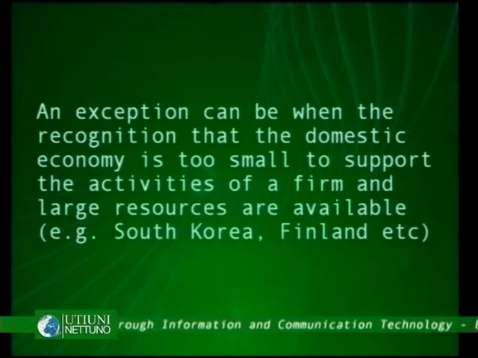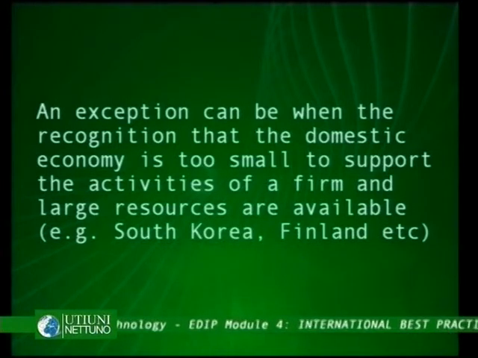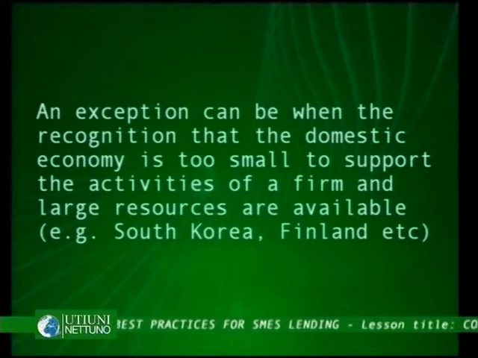An exception can be when there is recognition that the domestic economy is too small to support the activities of a firm and large resources are available, like South Africa, for example, Finland, and I may add Switzerland. There are certain countries which by geographical definition are so small that it doesn't make any sense to start up business thinking only of the domestic market.